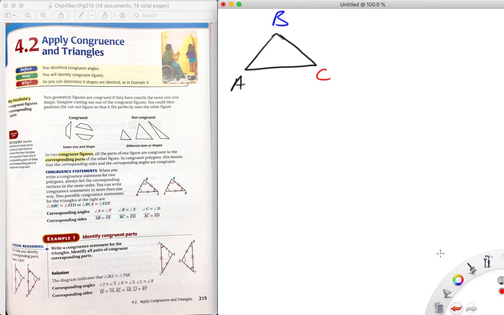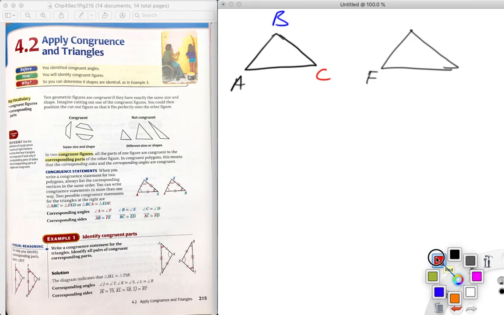Why would I do it like that? FED. None of my triangles are accurate, so don't judge me. F, ED.